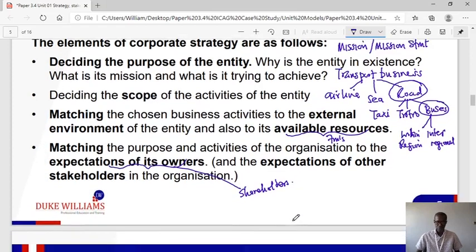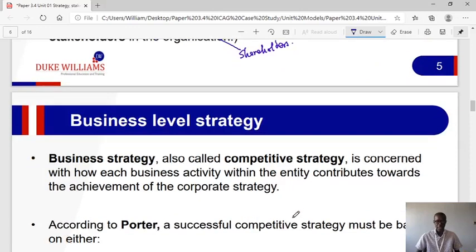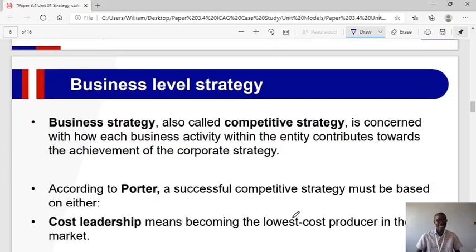Meanwhile, when we have looked at our corporate strategy, we then said that we need to also consider our business level strategy.